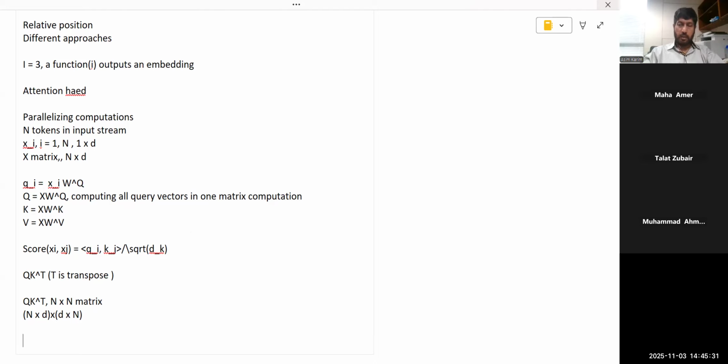So let me make a new matrix, let's say, n by n matrix. So what is happening in this n by n matrix?